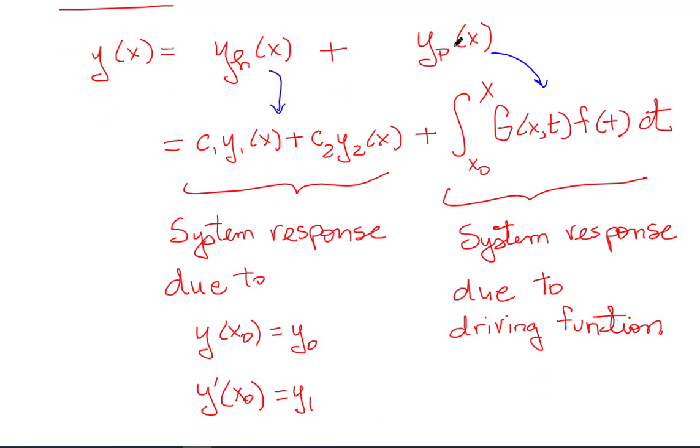And yp of x is the response, how the system is reacting to the particular driving function on the right hand side. So you see, we know this. It doesn't depend on the driving function. So you know all of these parts, and you can vary the driving function on the right hand side to see how the system responds to a particular driving function.